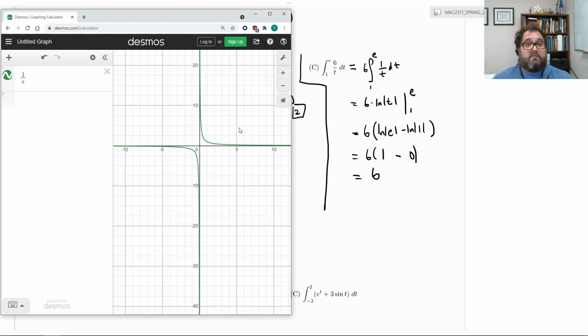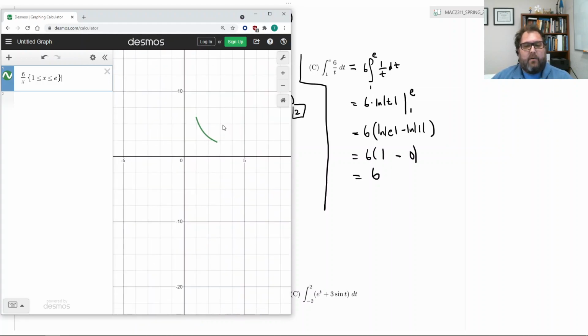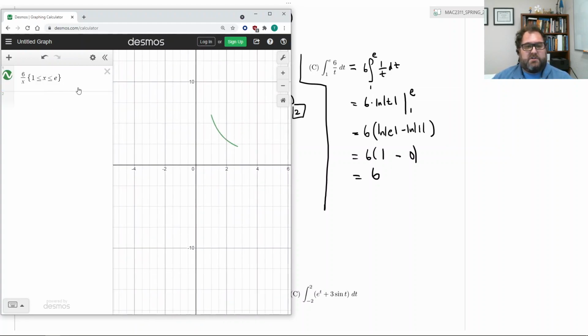It's scaled by a factor of 6, which just means you're stretching it vertically by a factor of 6, so it looks like that. Now we're concerned about the region between 1 and e, e being the base of the natural logarithm, 2.718 and change. So you're talking about the area of this region here. Here, I'll shade it.